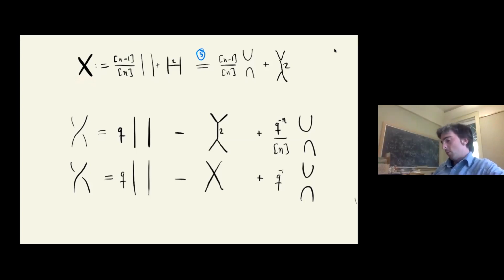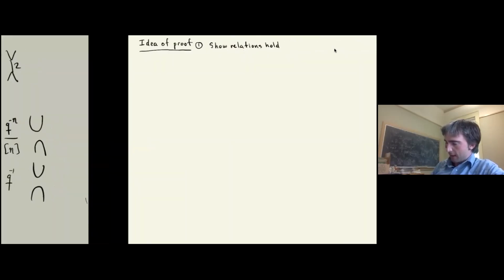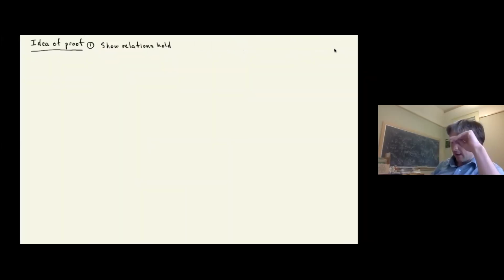One nice thing about this diagram is that it takes the expression for the braiding of V tensor V from a slightly more complicated expression that has some denominators in it, and gives you a slightly more pleasant expression for the braiding. But this diagram really is the main idea of our proof of the result that we have a presentation for fundamental representations for the quantum group associated to the symplectic Lie algebra.